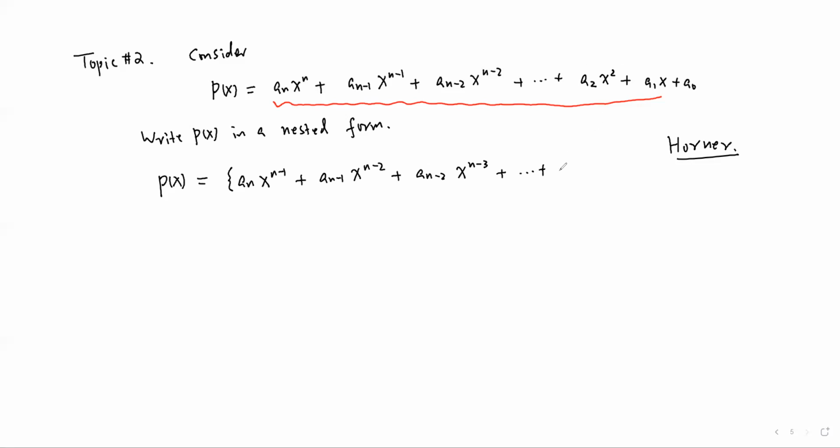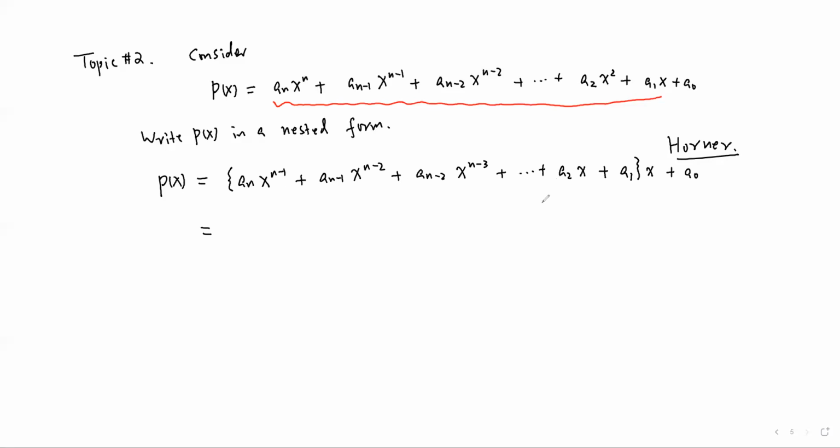The third last term will be a_2 x plus the second last term a_1 times x plus a_0. And continue to factor x out.